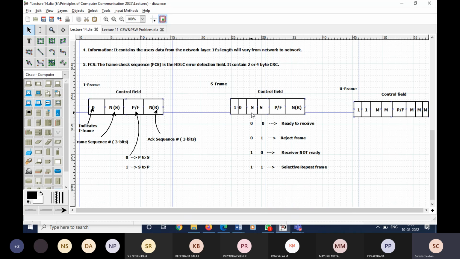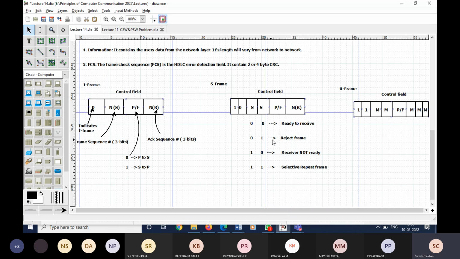And the next one, S. So this is again a 2-bit field. So it has 4 different patterns: 0, 0, 0, 1, 1, 0, 1, 1. Each bit pattern gives some meaning. If it is 0, 0, that indicates the receiver is ready to receive the frame from the sender.